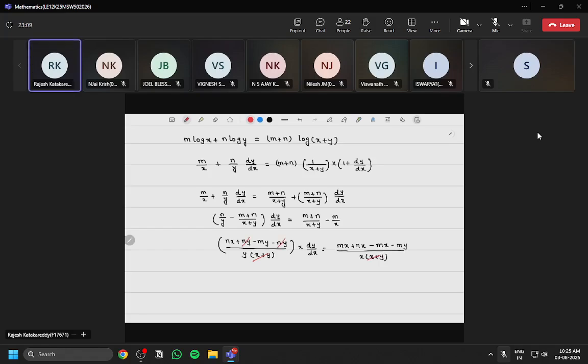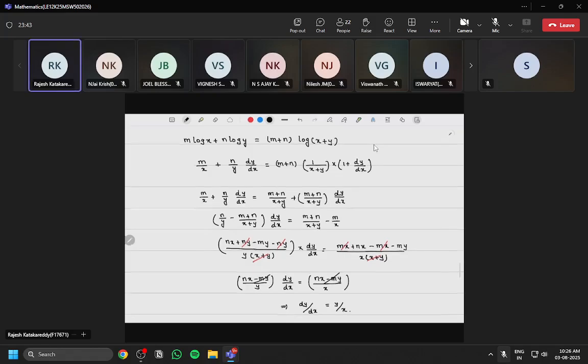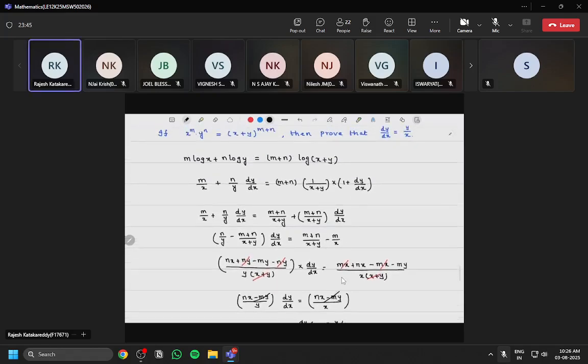Now the remaining is nx minus my by y into dy by dx is equal to nx minus my by x. I think both sides, this one is also gone. So dy by dx is equal to y by x. Just take log on both sides and simplify after differentiation.